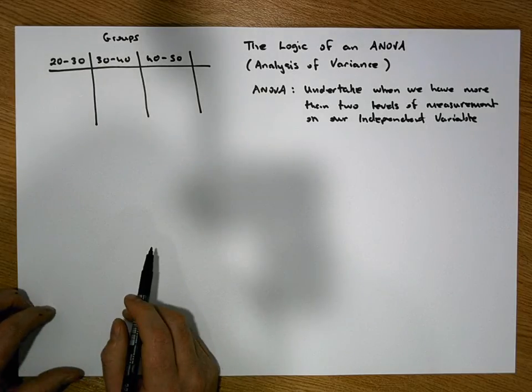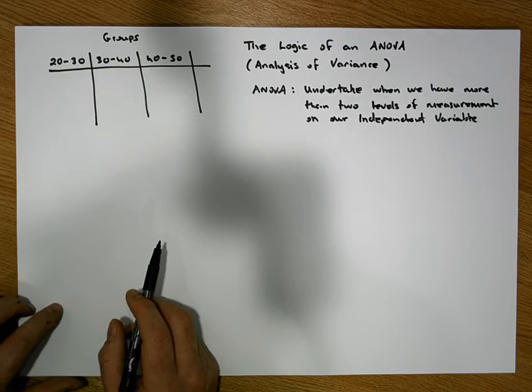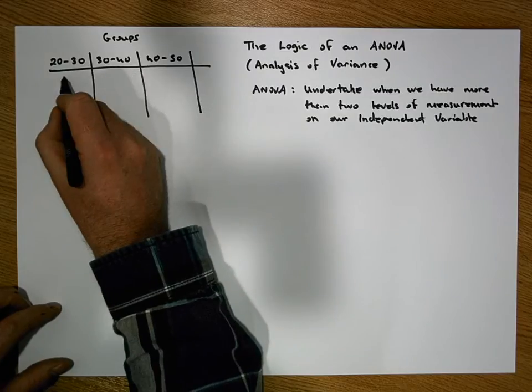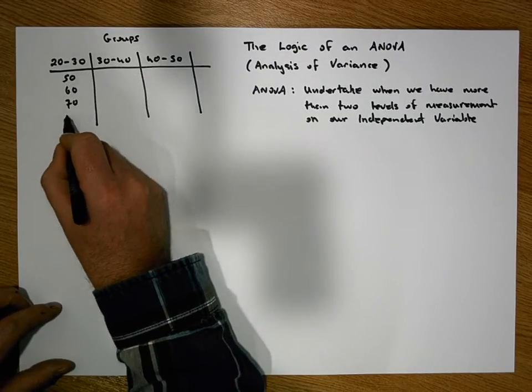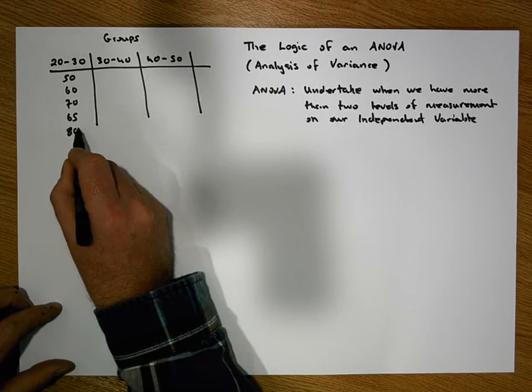Maybe we've asked all respondents how much they spent last week. Maybe the 20 to 30 year olds spent 50, 60, 70, 65, and 80 euros.